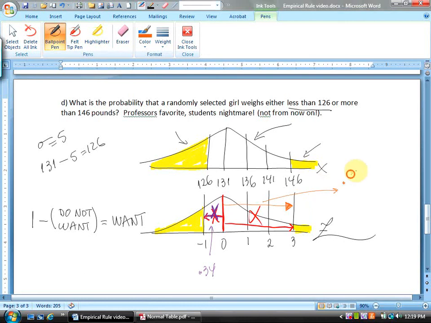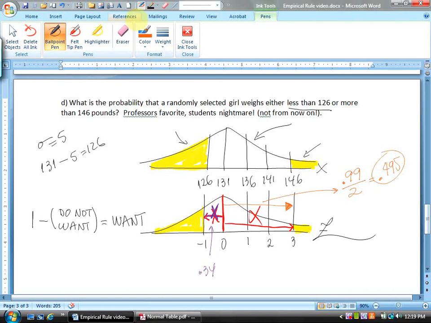So when I go both sides, the empirical rule says it's 99%, but I didn't go both sides. I went one side, so I went half of that. Okay, so all we need to do here is to take half of 99% to find the size of that area there, and half of 99 will be 49.5. So I went one side, I went 49.5.